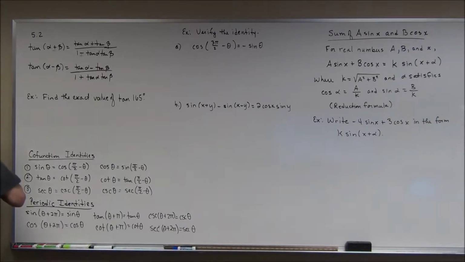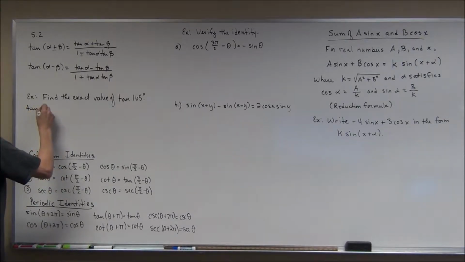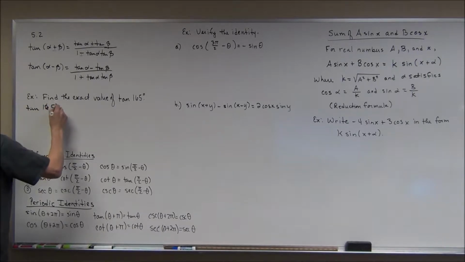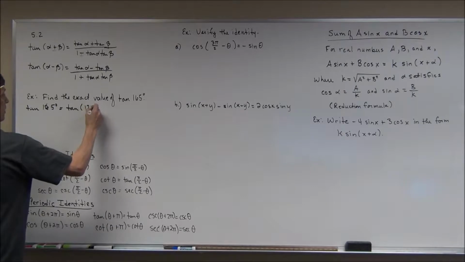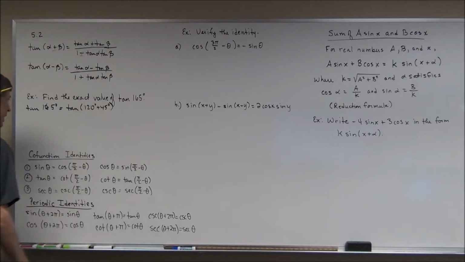The first thing I think of is the tangent of 165 degrees as the tangent of 120 degrees plus 45 degrees. That way, I have a multiple of 30 and a multiple of 45.